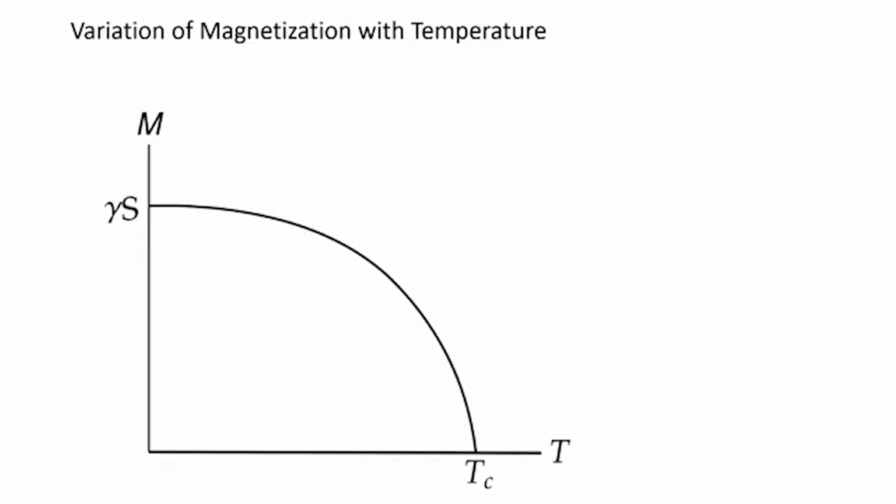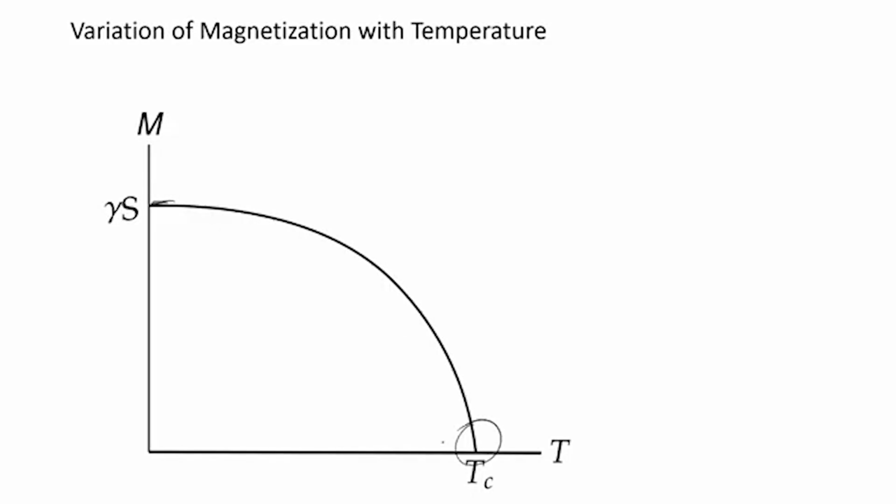And what we get is this: the m versus temperature. As you are increasing temperature, initially this magnetic ordering is resilient to temperature. So, it is kind of flattish here, but as you keep increasing the temperature, the thermal energy will randomize the alignment of the spins, and you will keep getting the magnetic moment, or the magnetization, destroyed, and it will go to 0 as T goes to Tc.